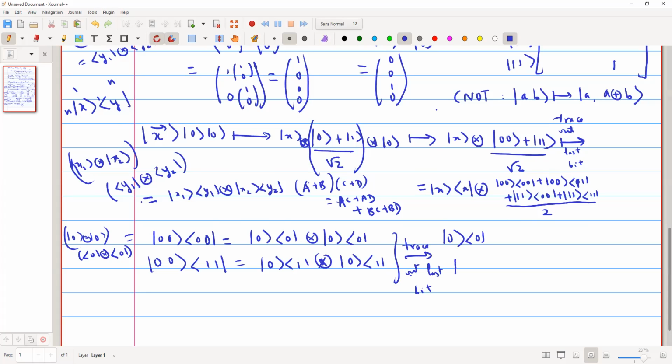In the second case, it is times the scalar. Recall that ket 0 bra 0 is this matrix, and ket 0 bra 1, you can check, is this matrix.